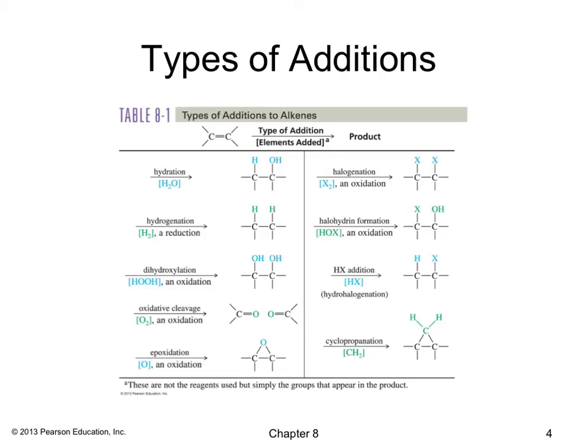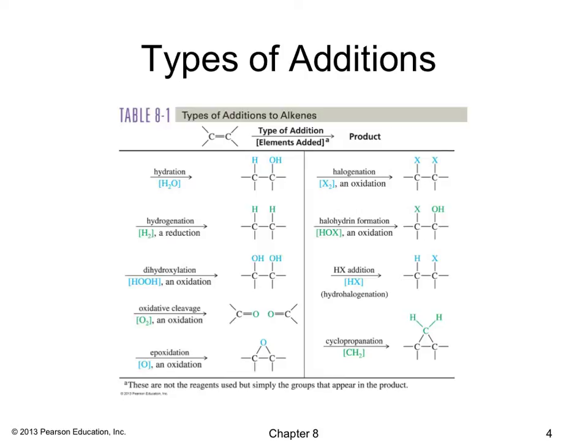So in terms of additions, this is from table 8.1 from your textbook. You can have hydration, in which you're adding water across the double bond, hydrogenation, which we talked about, in which you're adding hydrogen. This is called a reduction, so you're reducing the double bond.